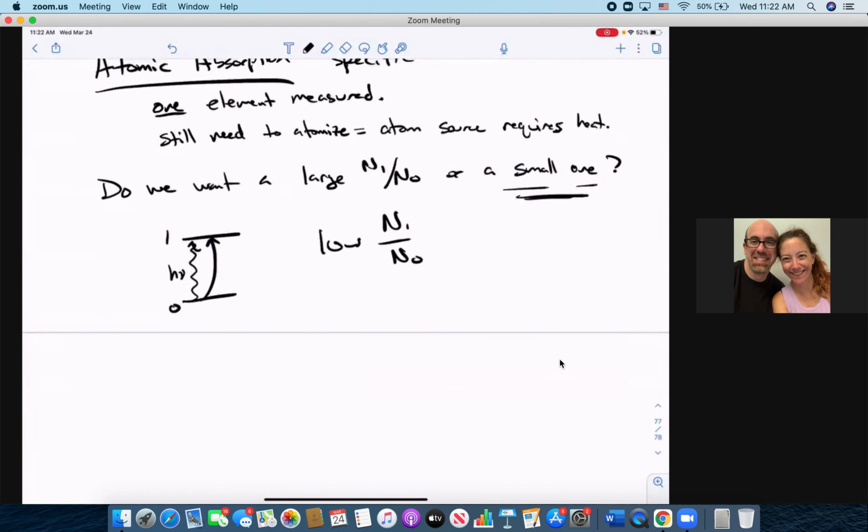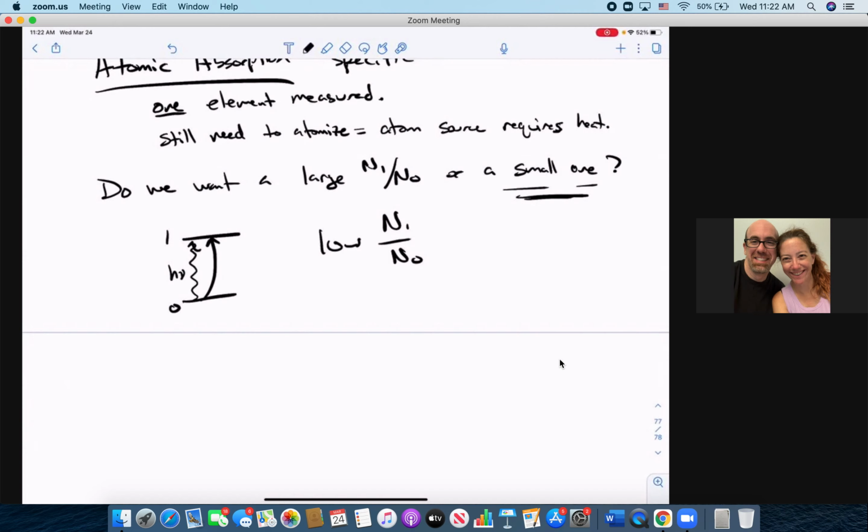Okay. So now, when we're talking about having a lower ratio, students sometimes ask me, what's the right temperature for atomic absorption or atomic emission? The answer is kind of it depends, right? The sample matters, things like that. But in general, we're not going to use plasma sources for atomic absorption because they're very high temperature. They're good for emission.